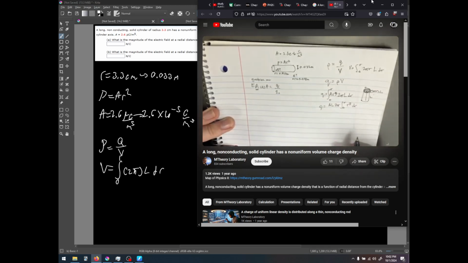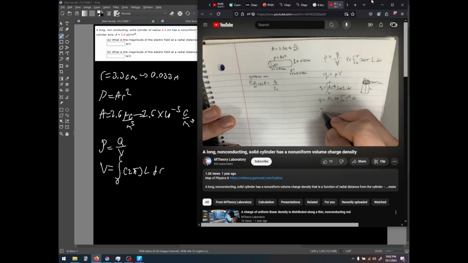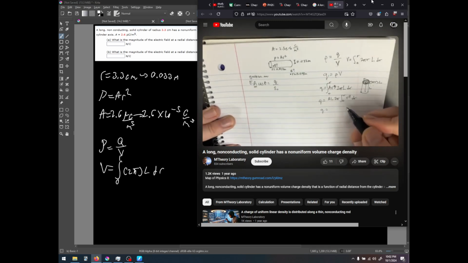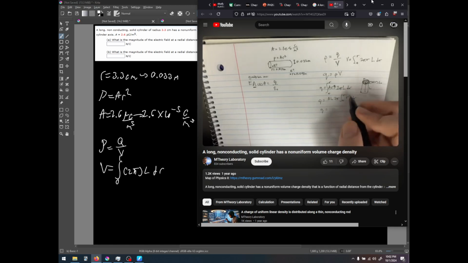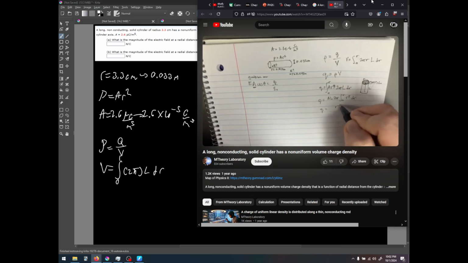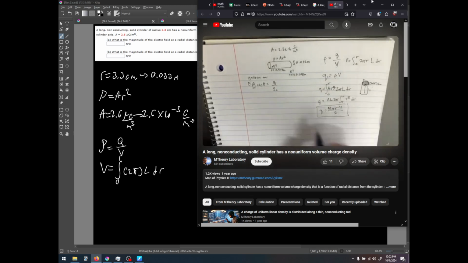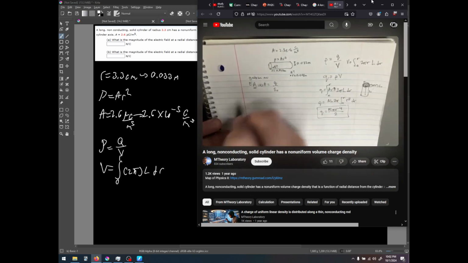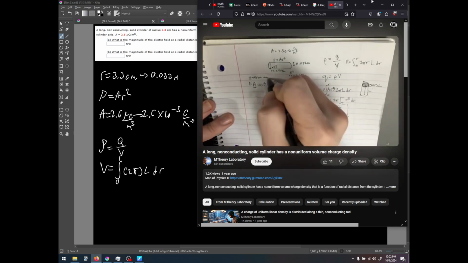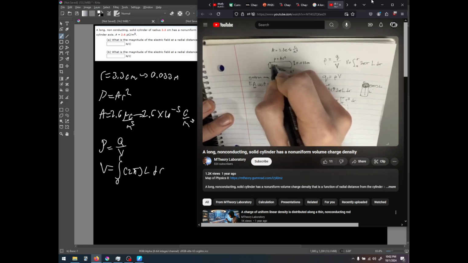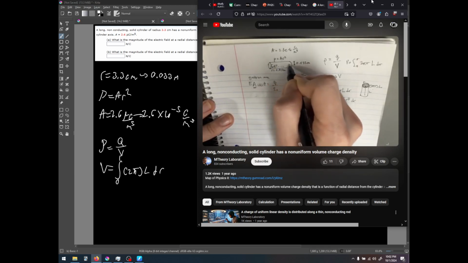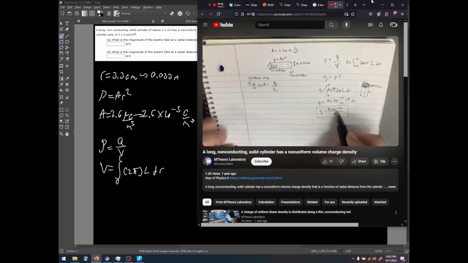So that's going to integrate pretty easily down. That's what we're going to plug in here. What's the Gaussian area at this point? It's going to be the imaginary area, and it's going to be the same r we're using here.